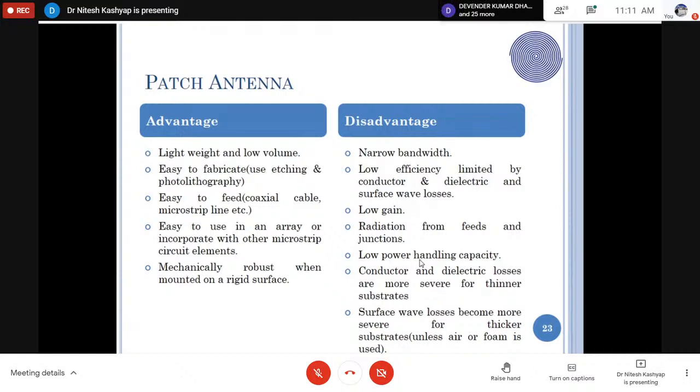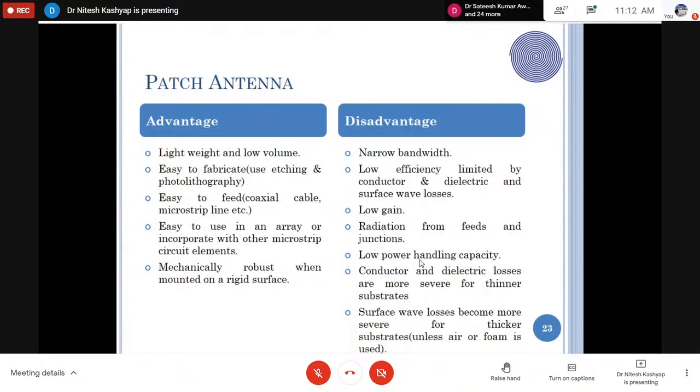The disadvantages of this antenna: it has narrow bandwidth, the efficiency is very low, and the gain is very low. The radiation comes from the feed and the junctions where we fix the microstrip antenna.